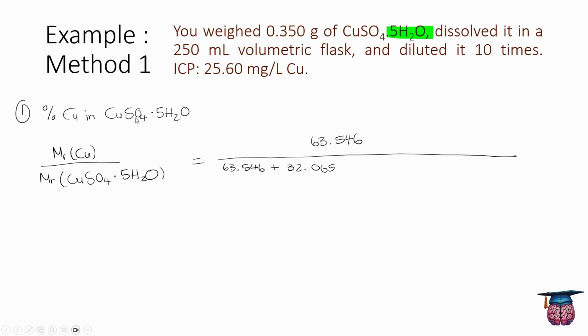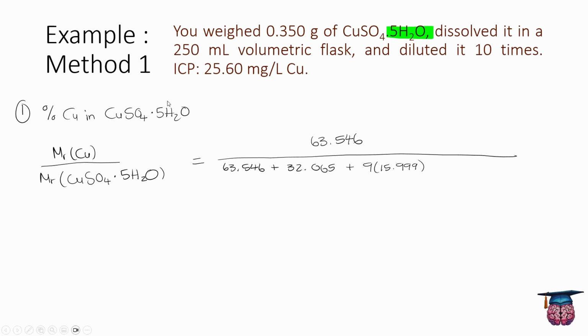And then we see we have more than one oxygen. We have 4 oxygens that come from the copper sulfate, and then 5 oxygens that come from the water molecules that surround this compound. So in entirety, we have 9 times the molar mass of oxygen.